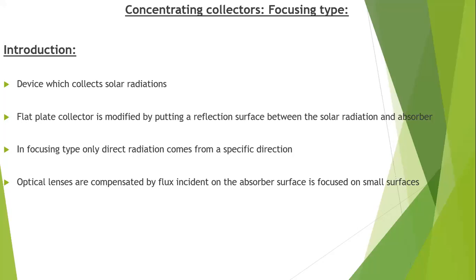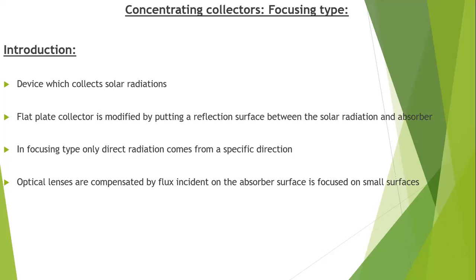Why is this increasing to such a value? The solar radiation we are getting is forced to fall on and be focused onto a receiver or absorber of small area only. So large areas of absorbers are not required here. All the radiation we are getting from the sun is made to focus onto a receiver.